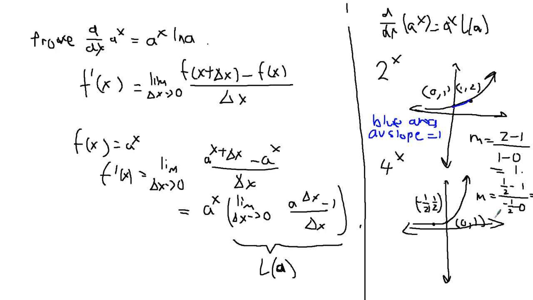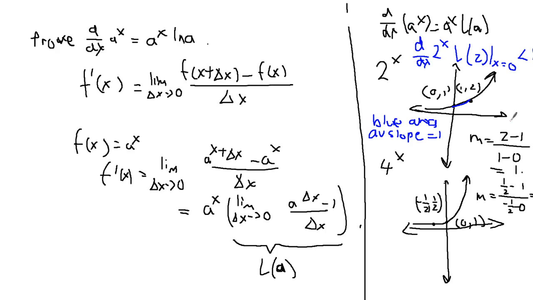That means at exactly 0, because the function's increasing continuously, the slope has to be less than 1, right? So d/dx of 2^x, which is 2^x L of 2, at x equals 0, I'm going to use this notation, is smaller than 1, right?